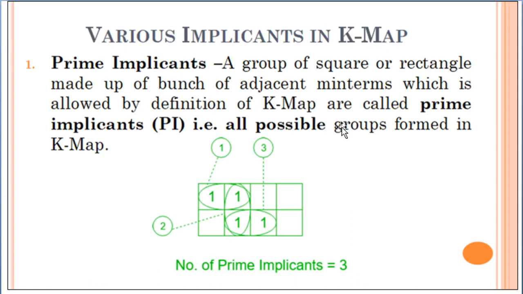Now come to the next topic, and this is the various implicants in the K map. Implicant is basically a group of ones or any single logic state one that can be combined within the K map for a function to represent a term.